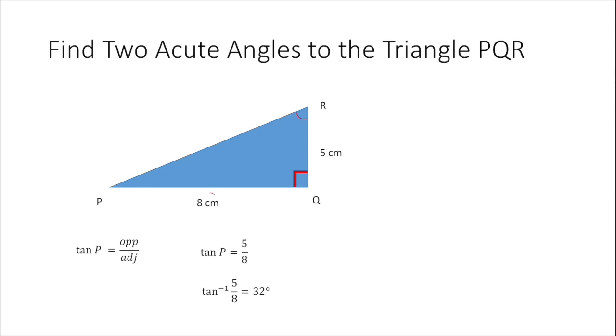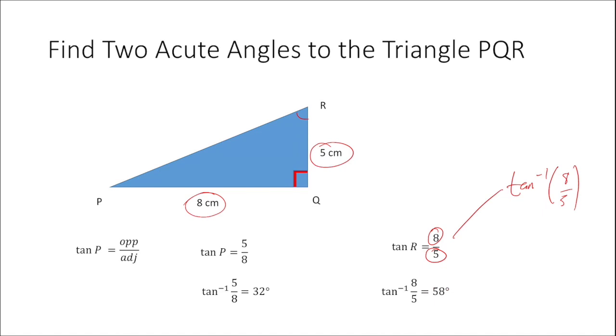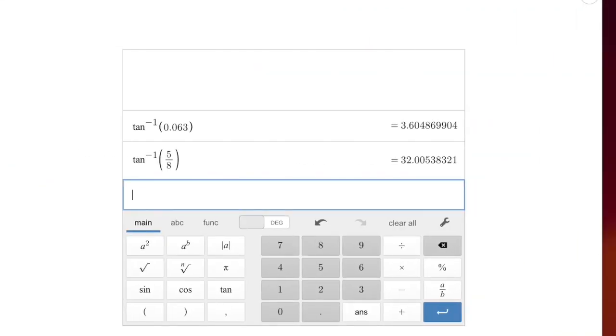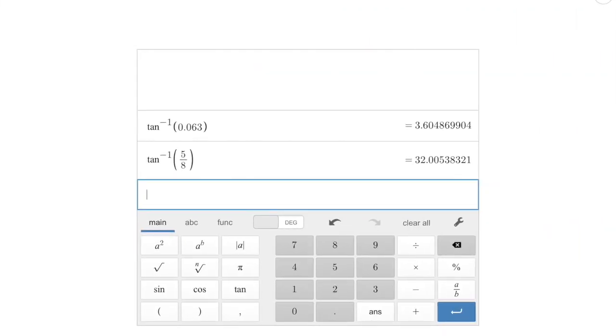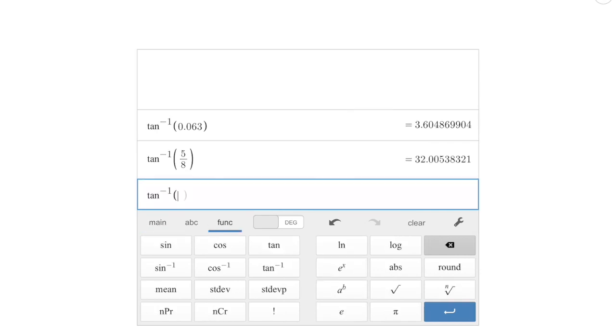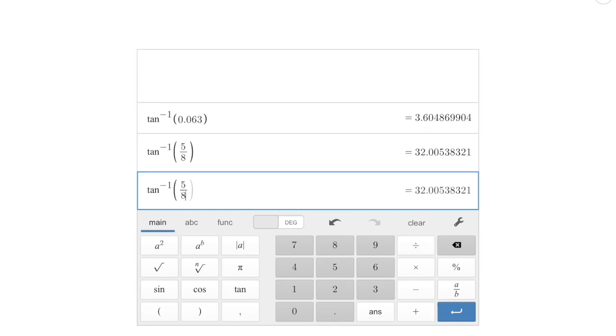What about if we want R? Well, now my opposite is 8 and my adjacent is 5. Opposite over adjacent. Now, how do we get that? We just take tan minus 1 of 8 over 5. Put that in the calculator and we get 58. Let's try it.